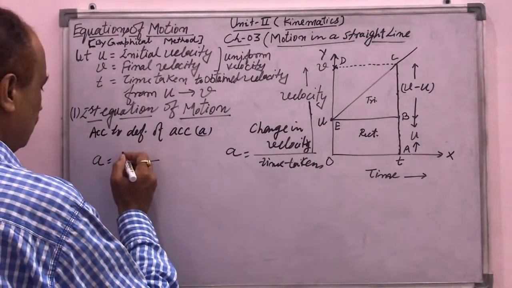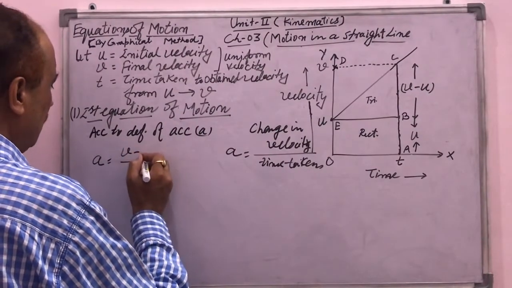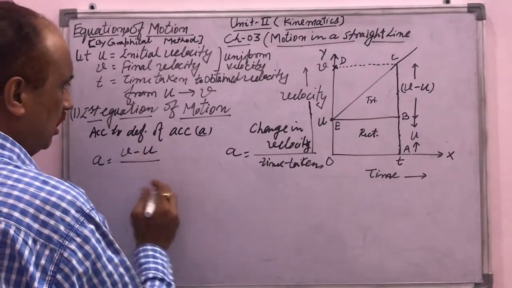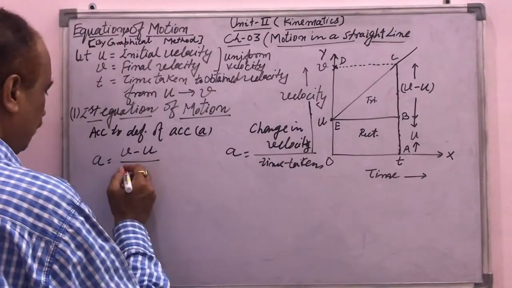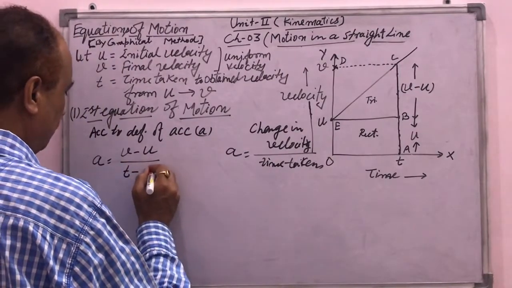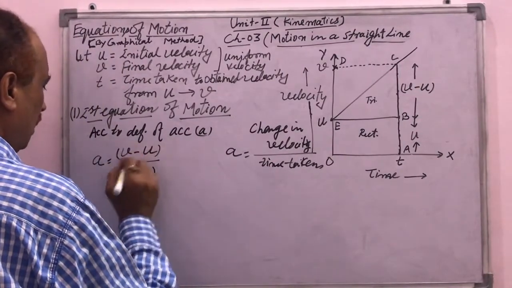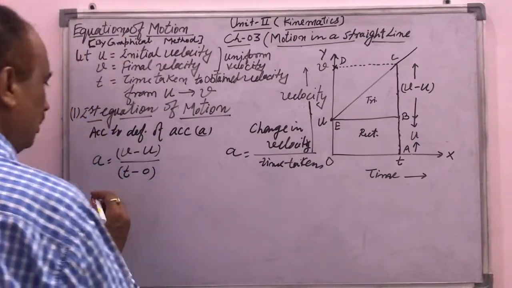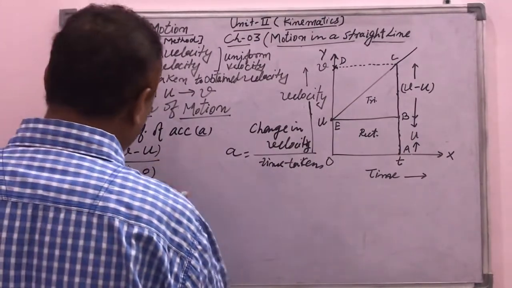So change in velocity is final velocity minus initial velocity, divided by time taken: final time t minus initial time 0. From this formula we can find the acceleration.